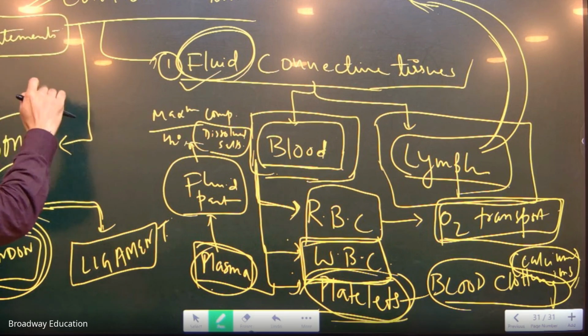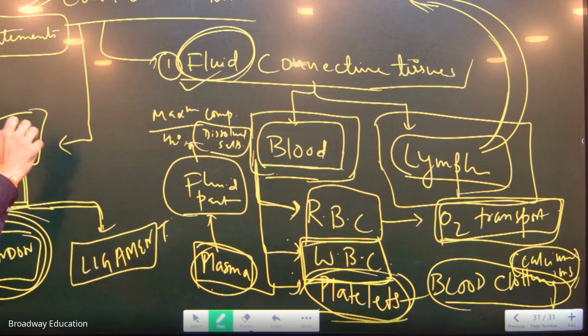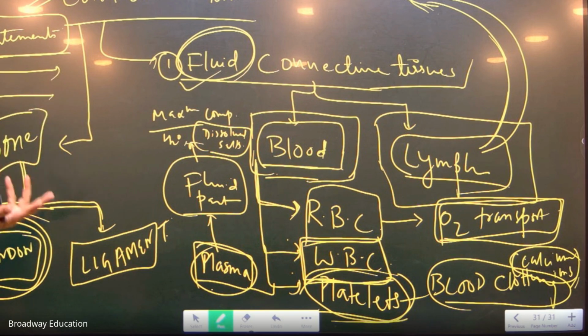These all are the concepts only, and they will be asked in the form of statements. They will give you one statement, two statements or three statements, and then they will ask whether the first one is correct, second one is correct, all correct, or none correct. Understood? So please try to understand these things and memorize as soon as possible.